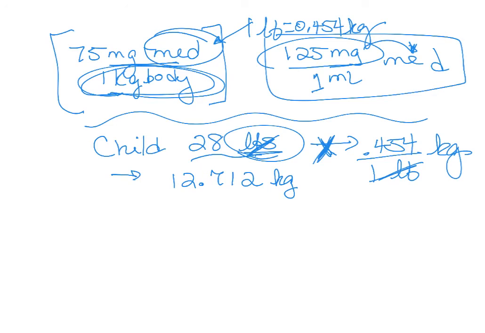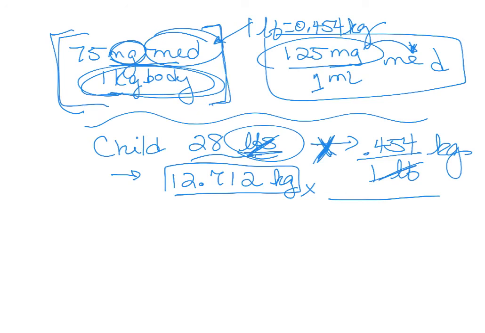All right, so that is the body weight. Now we have the body weight in kilograms. Now we have to figure out how many milligrams of the medicine, and that's our next conversion. So 12.712 kilograms of body weight. We're going to use this as a conversion factor.